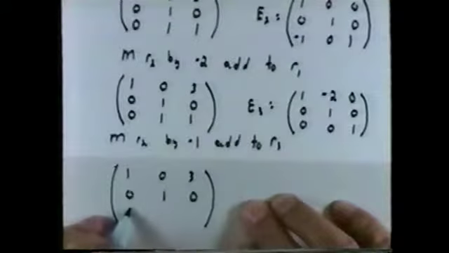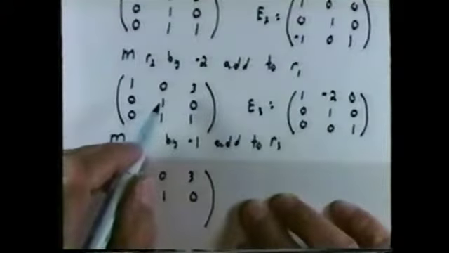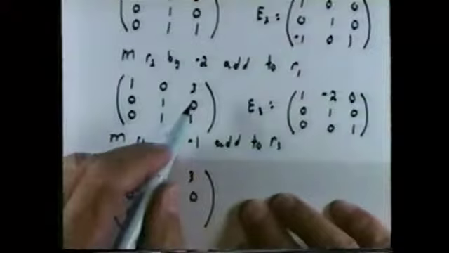So I'm going to write the 1, 0, 3, the 0, 1, 0. Now multiply row 2 by negative 1, add to 3. Negative 1 times 0 is 0. 0 plus 0 is 0. Negative 1 times 1 is negative 1, plus 1 is 0. Negative 1 times 0 is 0. 0 plus 1 is 1.